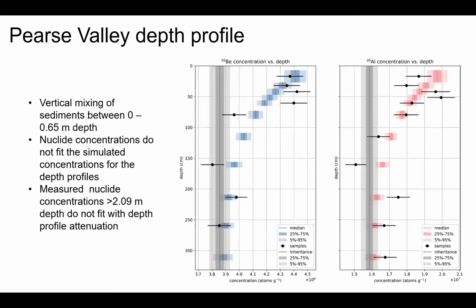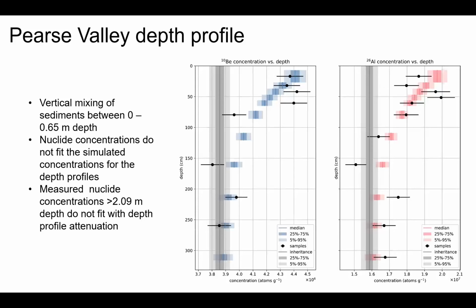What we have is a Monte Carlo simulation, depth profile modeling that builds on previous depth profile modeling done by Alan Hiddy, where in that upper 65 centimeters, you can see a relatively straight line or uniform concentration of nuclides.